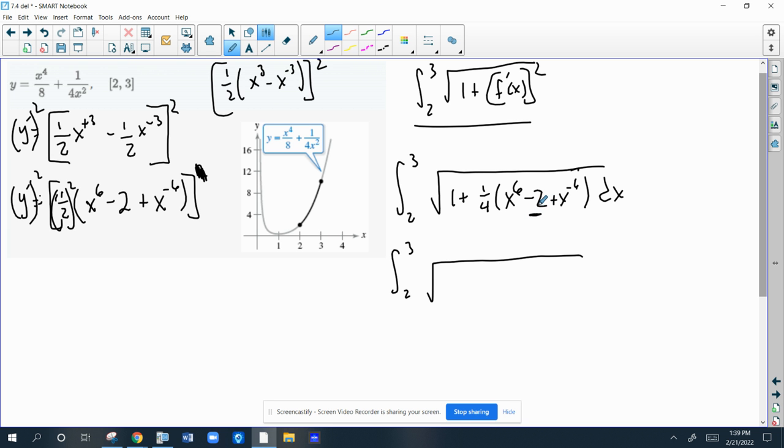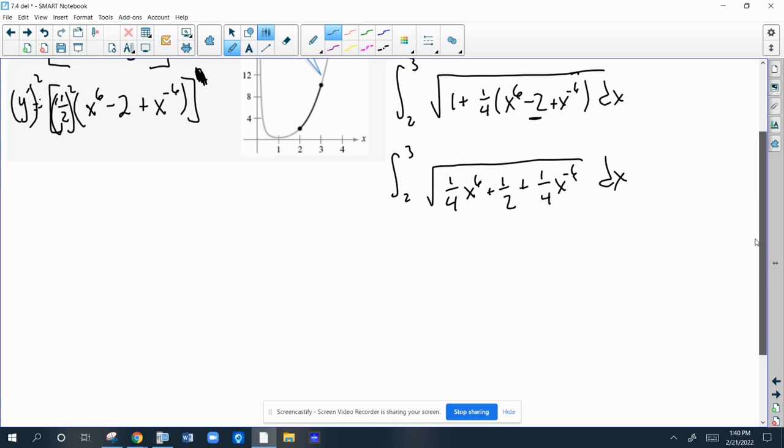The reason I did that is because I need to add this 1 in with it. So I'm going to have 1/4 x to the 6th minus 1/2 plus 1, which is plus 1/2, and then plus 1/4 x to the negative 6.